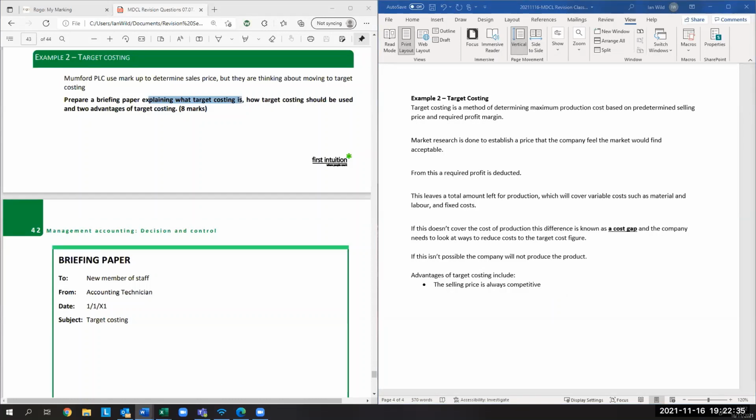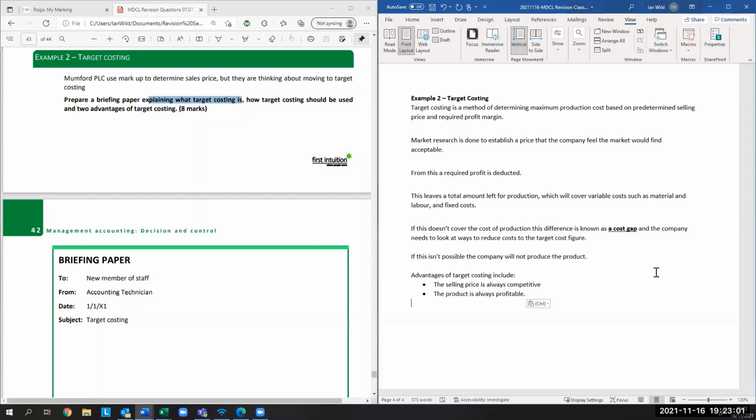Because we base it on a selling price and a margin, the product is always profitable. We start with the selling price. We then take off our profit. Okay, so we know that we are always going to make a profit. Okay, selling price, take away profit equals target costs.